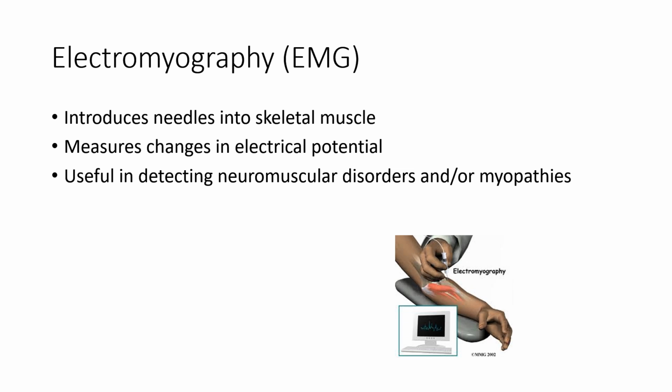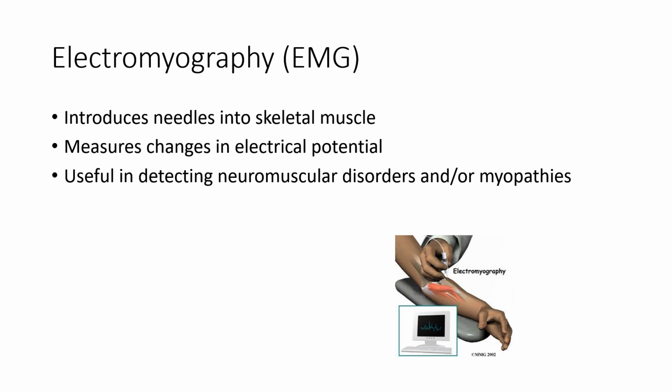It's useful in detecting neuromuscular disorders and myopathy. So those patients who come in with weakness, or patients who have ALS or muscular dystrophy or myasthenia gravis, maybe trying to rule out some of those disease processes, but commonly done on patients who are admitted with a diagnosis of weakness.